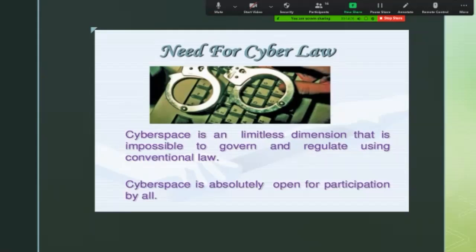The primary purpose of the Act is to provide legal recognition to electronic commerce and to facilitate the filing of electronic records within the government.